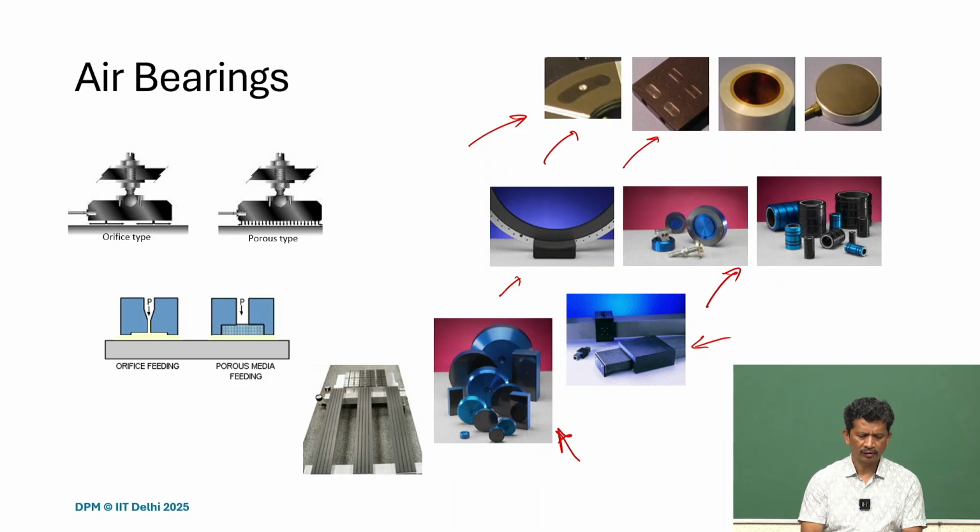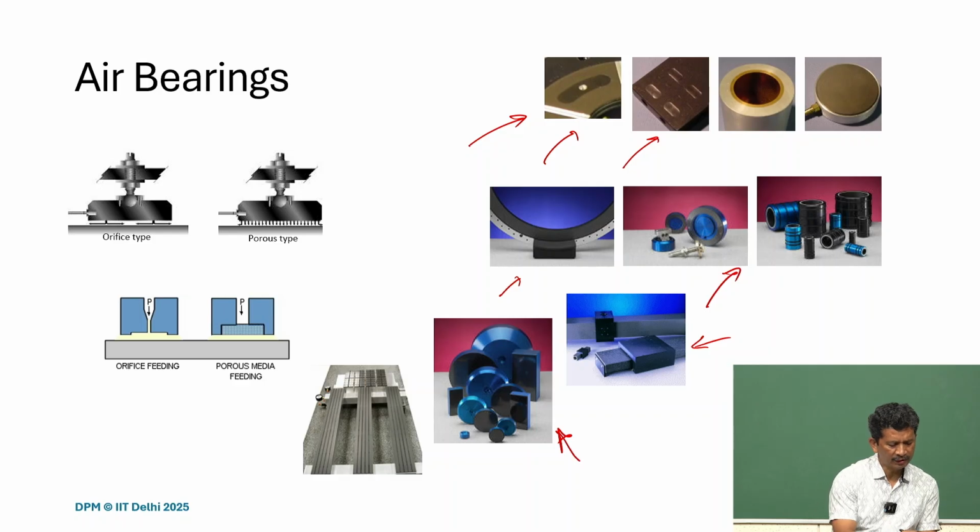With respect to the orifice type, it is because of the geometry, because of the construction, and these days with the manufacturing capabilities we have, that is also possible to make. So depending on the application, these things can be embedded or can be manufactured separately and embedded in the design, and we can use it.